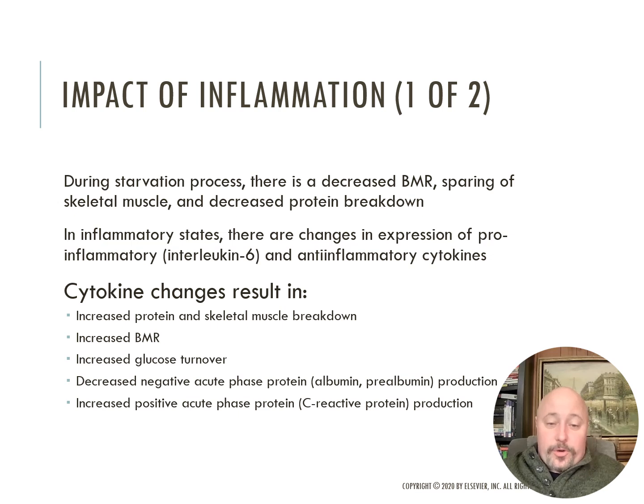In inflammatory states, there are also changes in expression of the pro-inflammatory and anti-inflammatory cytokines. These cytokine changes may result in increased protein and skeletal muscle breakdown, increased glucose turnover, decreased negative acute phase proteins such as albumin and prealbumin production, and an increased positive acute phase protein, C-reactive protein, production.